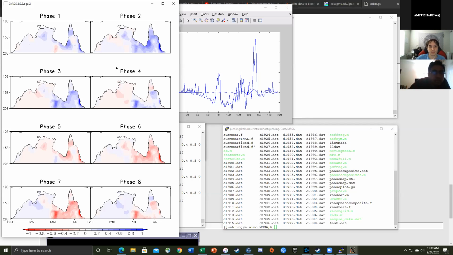Okay, so in phase one it's just positive, and then in phase two it becomes stronger. And then in phase three it becomes weaker, and then gradually becomes negative.